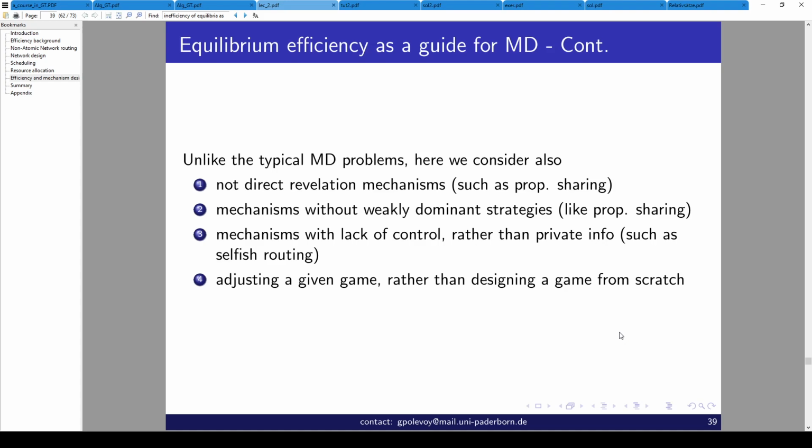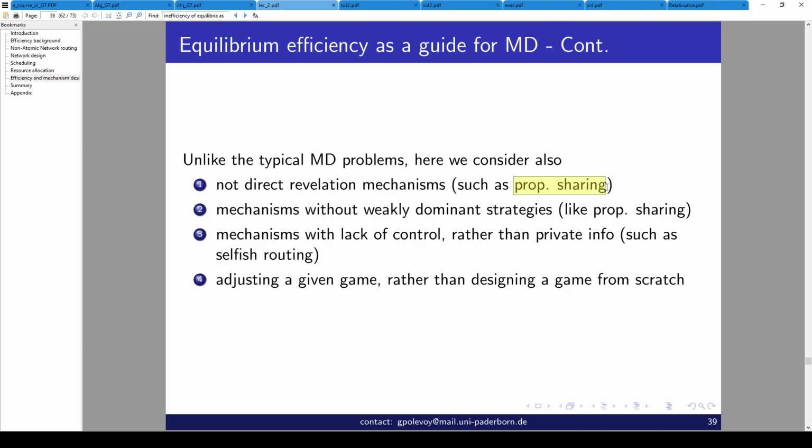For example, if I buy an item at the auction, I can reveal exactly how much I value the item. We typically want something which is direct revelation, and when revealing my true value is a dominant strategy, or weakly dominant. Now, in proportional sharing, the example we just looked at, that's actually not a direct revelation mechanism because you don't reveal your value function. You just reveal a number.